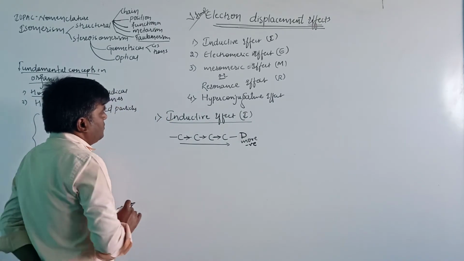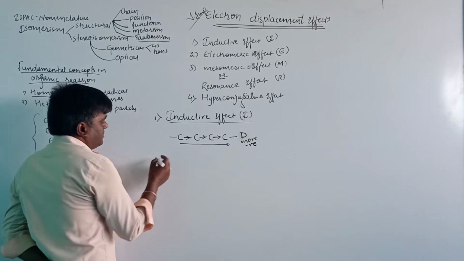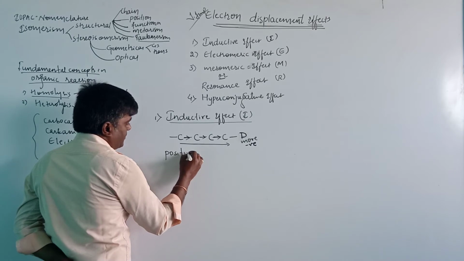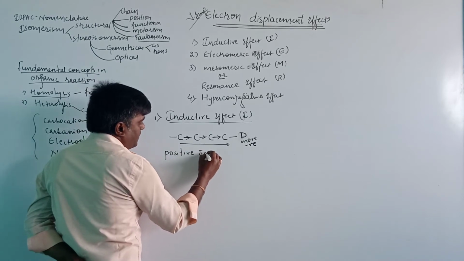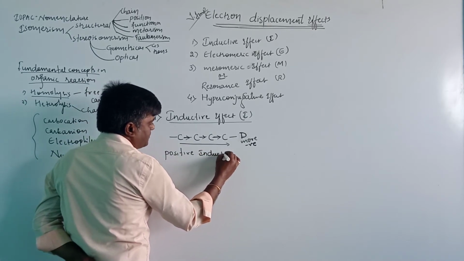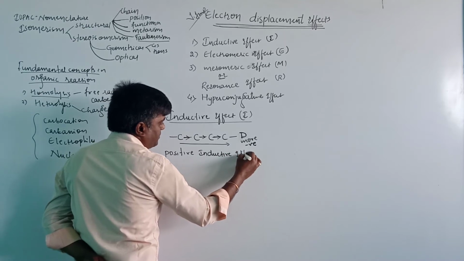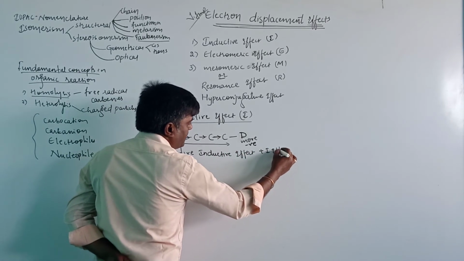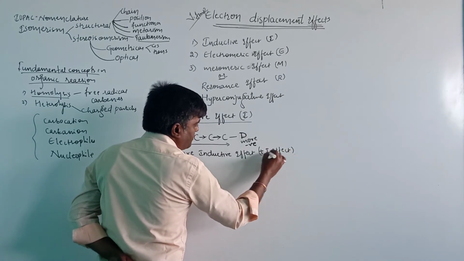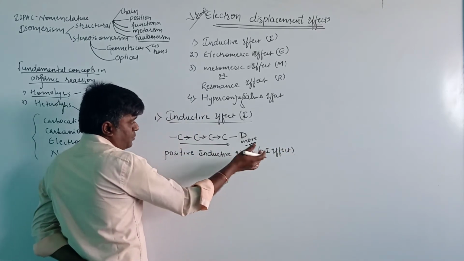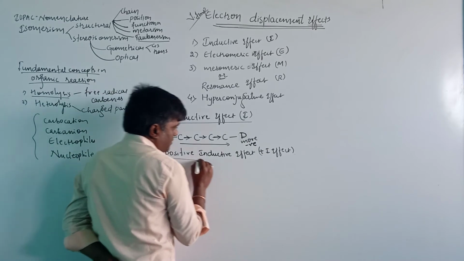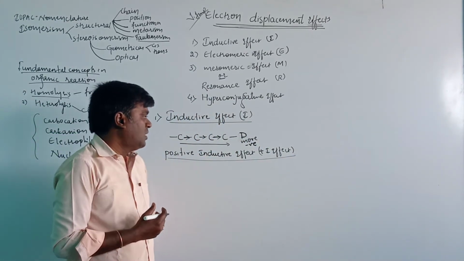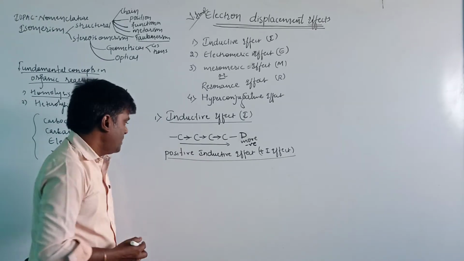Then the inductive effects are further divided into two types. One is the positive inductive effect, simply represented as plus I effect. Let us see what the positive inductive effect is.